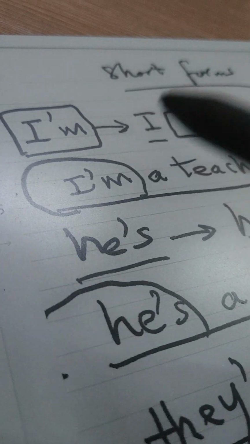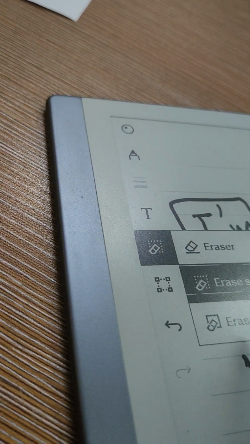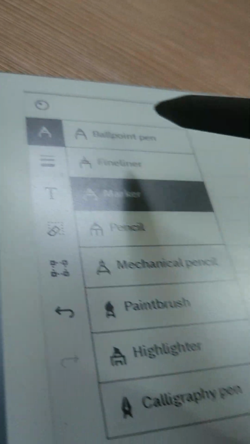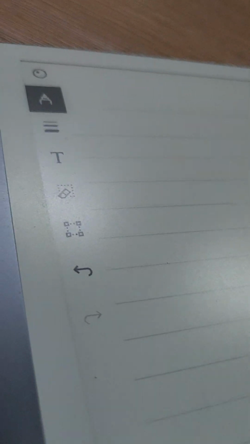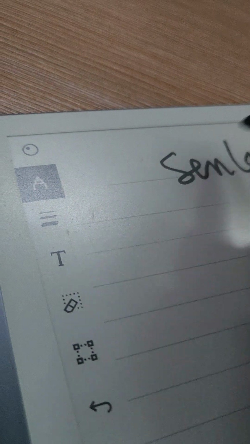Let's go to the second part. That's great. And the second part is about what? It's about a sentence. How could you pronounce a complete sentence?